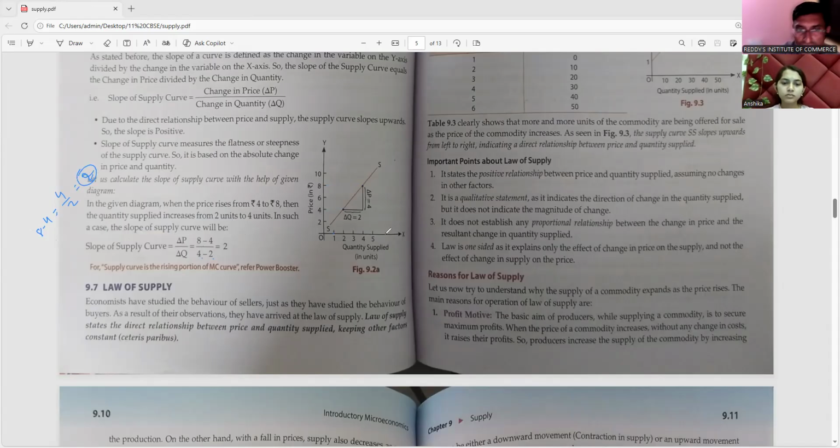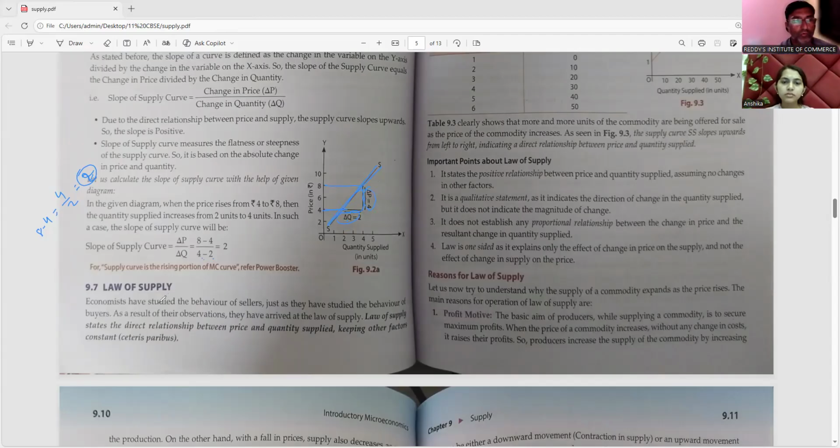Common answer. So from delta Q and delta P, price was increased from 4 to 8 and quantity was changed from 2 to 4. Right? Now it goes to the upward side. This is the sign of change in the price and quantity.